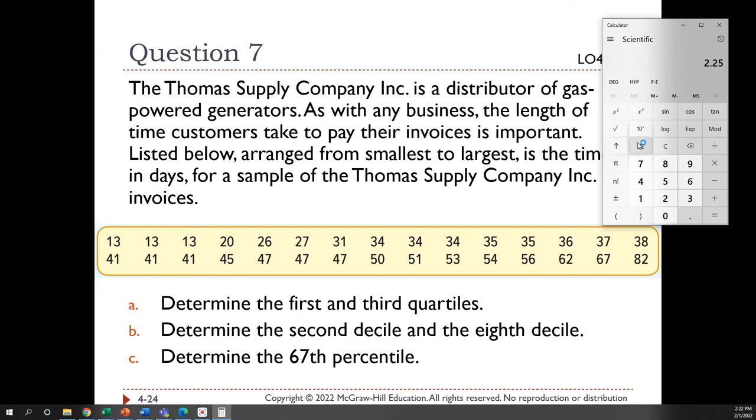So 31 plus 2.25 equals 33.25. All right. So let me go back through, because for some reason it sounds like the mic cut out.